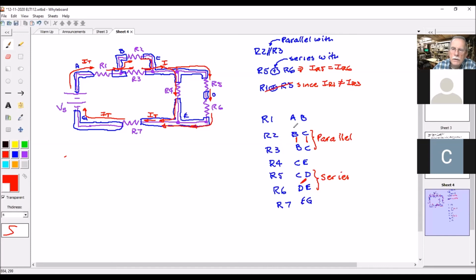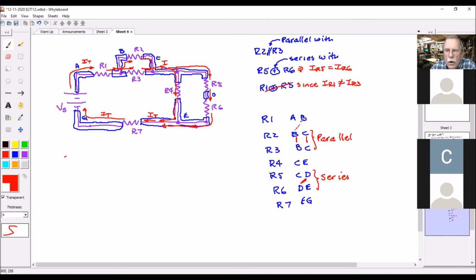What about R1 and R2? They have the same node number B. Yeah, I was just going to get to that.